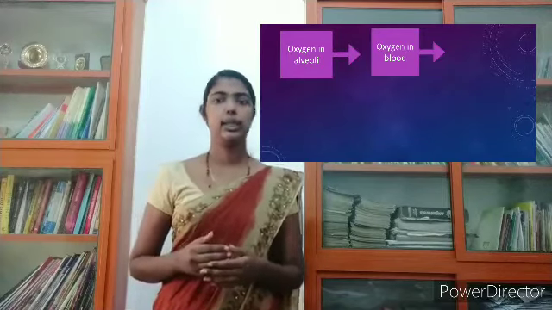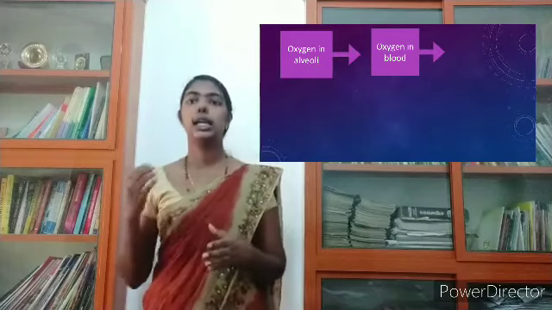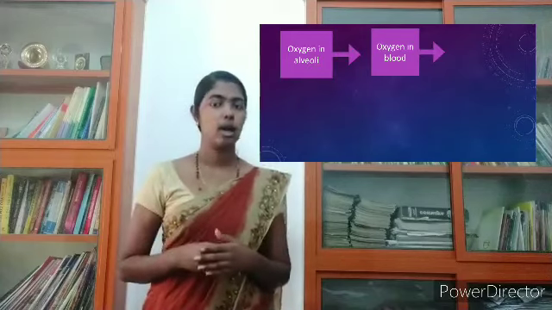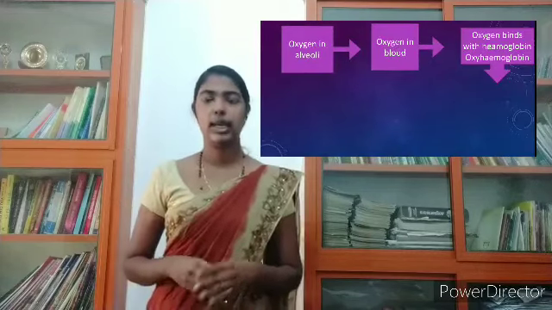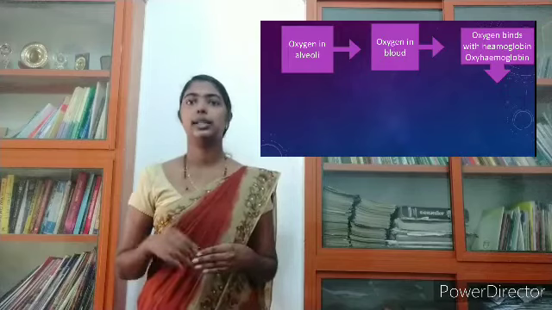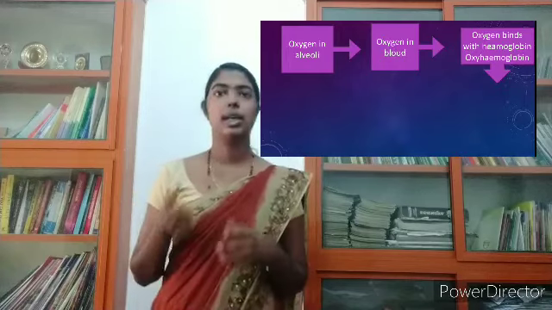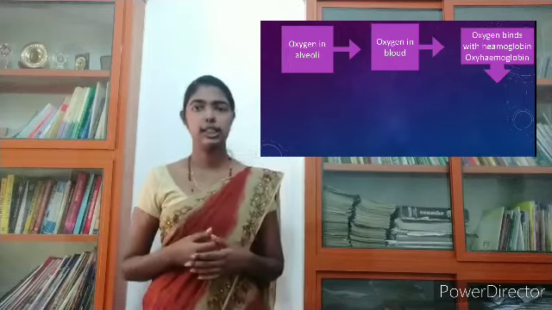From the blood, in the alveolar region, the hemoglobin molecule takes up this oxygen and forms oxyhemoglobin. Then, as blood flows, the hemoglobin reaches the different tissues.